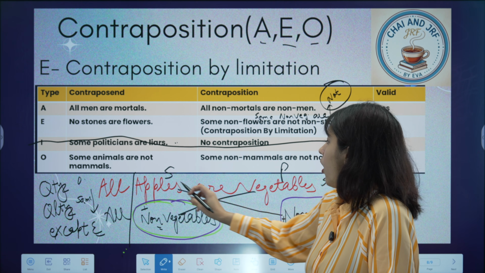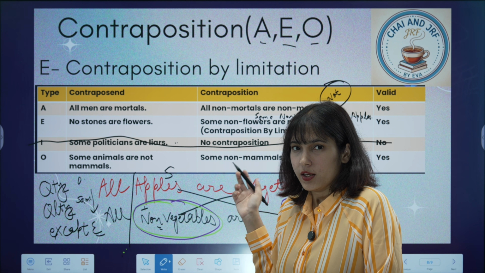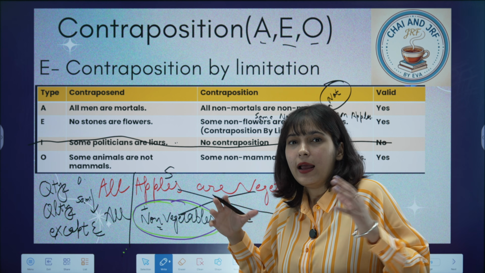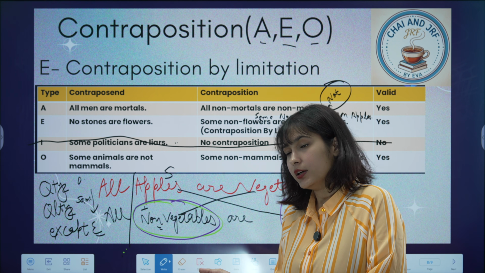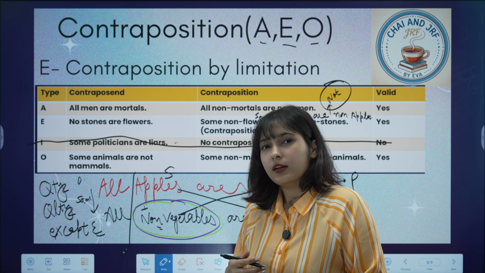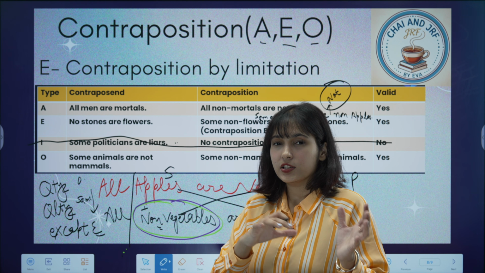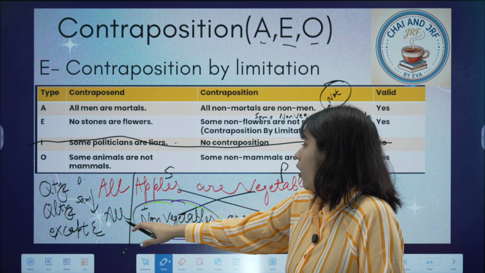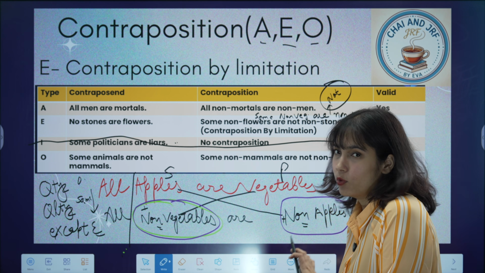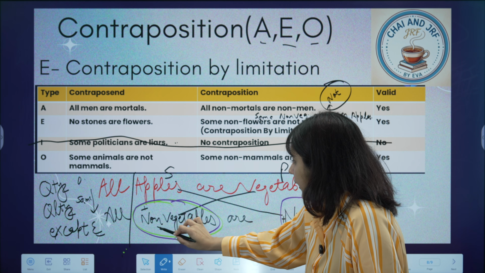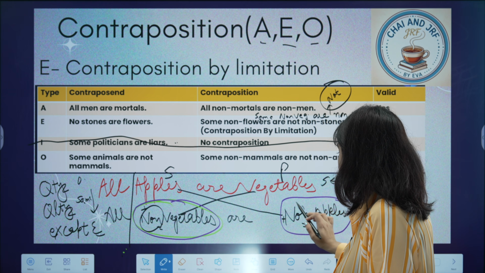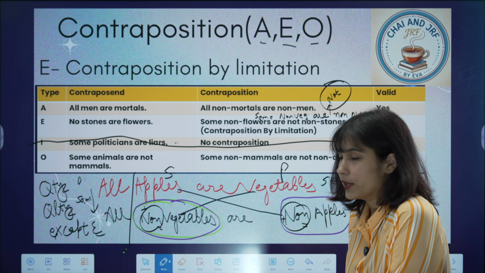When we say all apples are vegetables, we are going to make it into another statement that is its logical equivalent. So that will be all non-vegetables are non-apples. So we are going to add non in front of subject and in front of predicate.